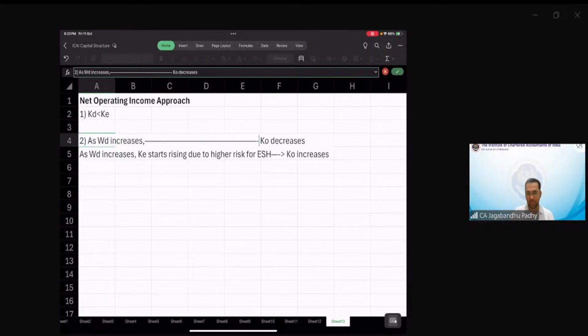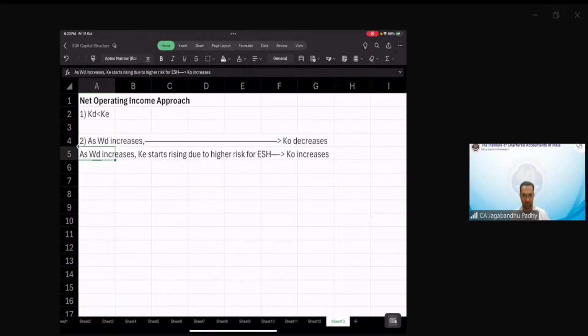As the weightage of debt increases, we say that overall cost of capital decreases. But as the weightage increases, there is another side effect, and that side effect is your cost of equity. Equity shareholders start demanding more, and that will lead to KO increasing. Now, can I say on the overall cost of capital, there is a dual pressure?